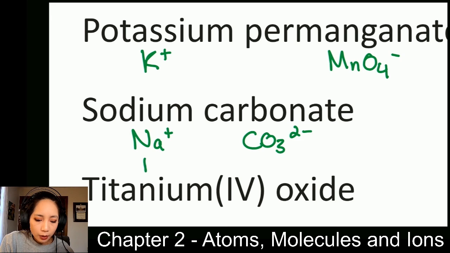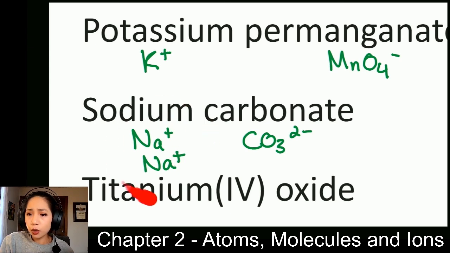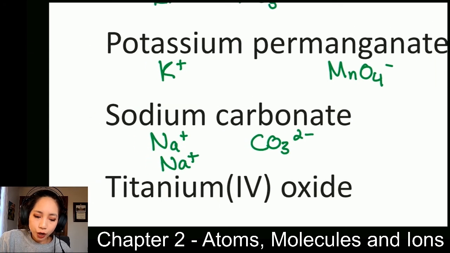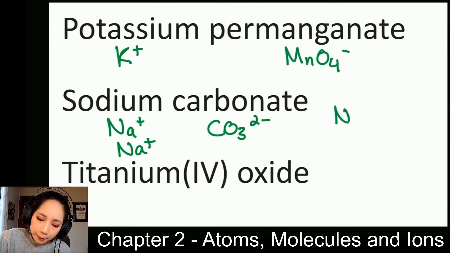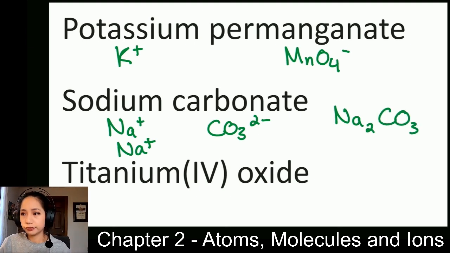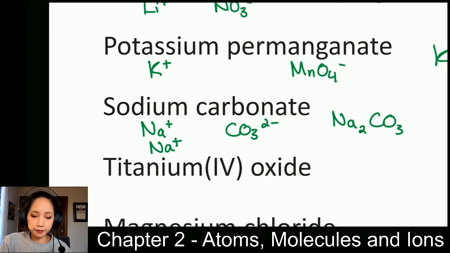So in my mind, I want 2 sodiums to cancel out that -2 charge, because 2 sodiums will produce a total +2 charge that will cancel out with the -2 charge. So to write that as a chemical formula, Na, but we want 2 of them, Na2CO3. So that's sodium carbonate.